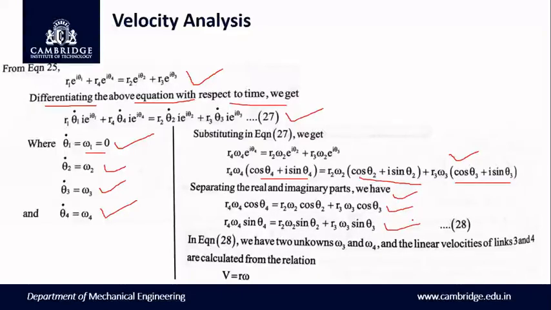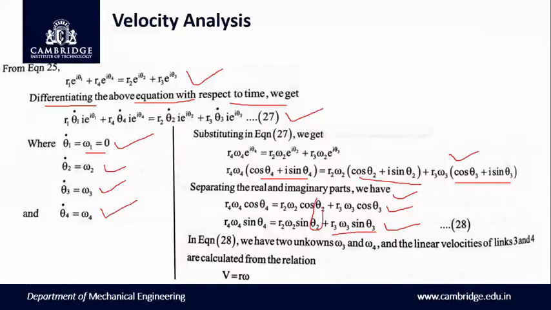R4 omega 4 sin theta 4 is the imaginary part. R4 omega 4 cos theta 4 is the real part of the left hand side. Similarly, on the right hand side we have the real part R2 omega 2 cos theta 2, R3 omega 3 cos theta 3, and the imaginary part R2 omega 2 sin theta 2 plus R3 omega 3 sin theta 3. So here also we can see we have two unknowns.